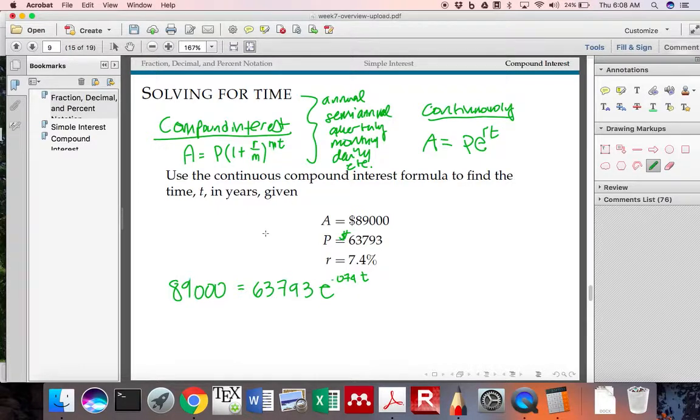And it might not be obvious how we're going to solve that problem, but let's look at some things that we could do.